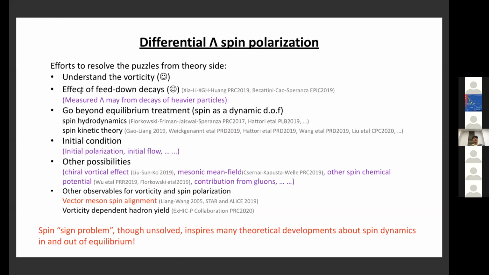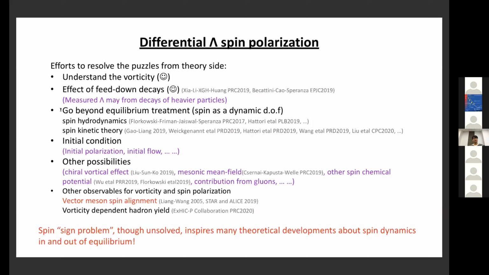We also need to understand the feed-down decay contribution to the polarization. And this was done last year by two groups, one from Becattini and one from our group. And the result shows that the measured lambda polarization, although it contains a contribution from feed-down decay, cannot explain the puzzle of local lambda polarization.